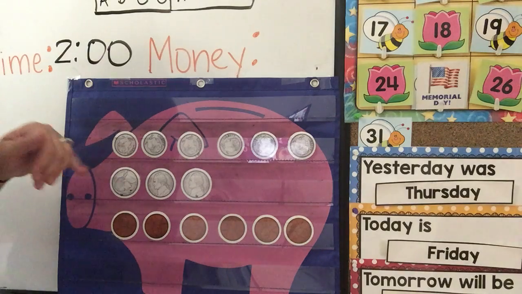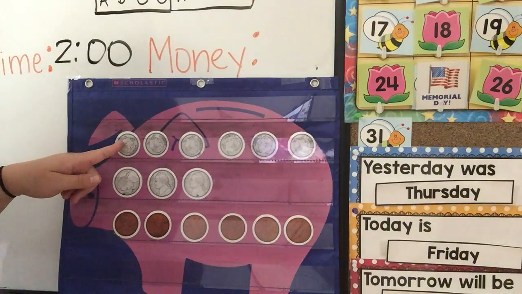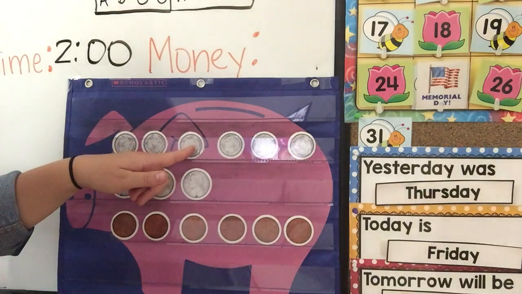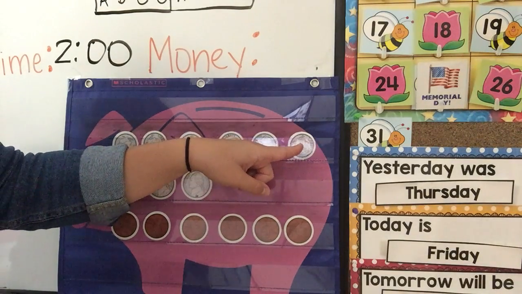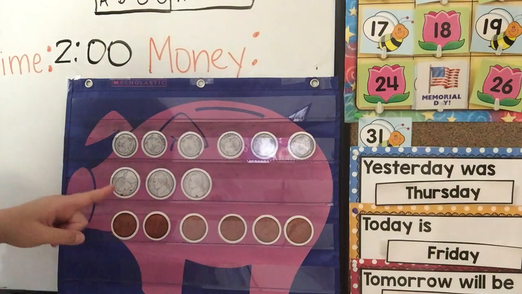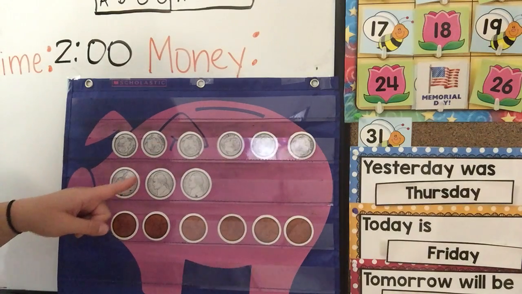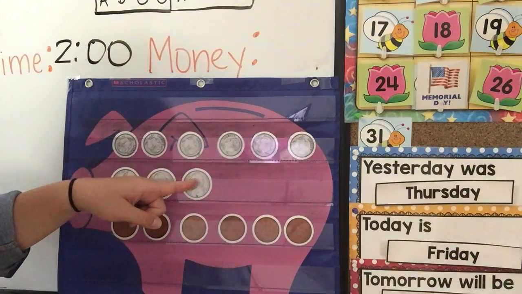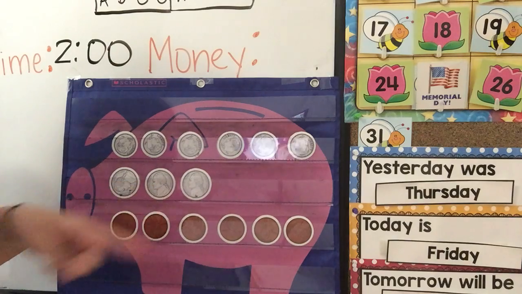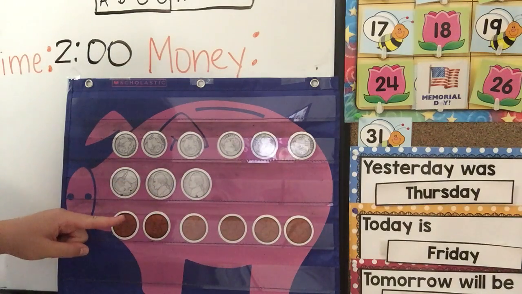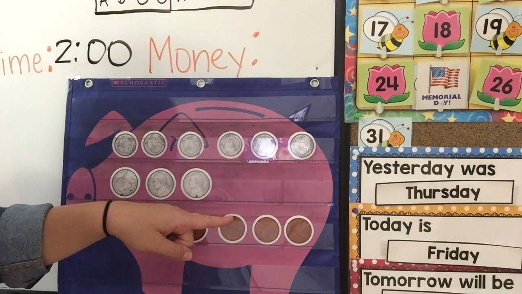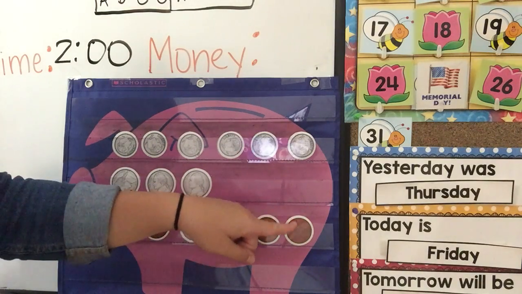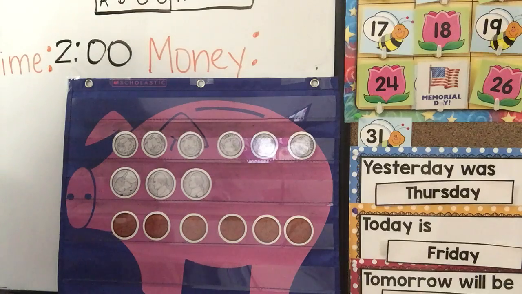Okay, let's try our best. Let's count our dimes first. So we have 10, 20, 30, 40, 50, 60. Okay, now count by fives. 65, 70, 75. Now counting by ones. 76, 77, 78, 79, 80, 81 cents.